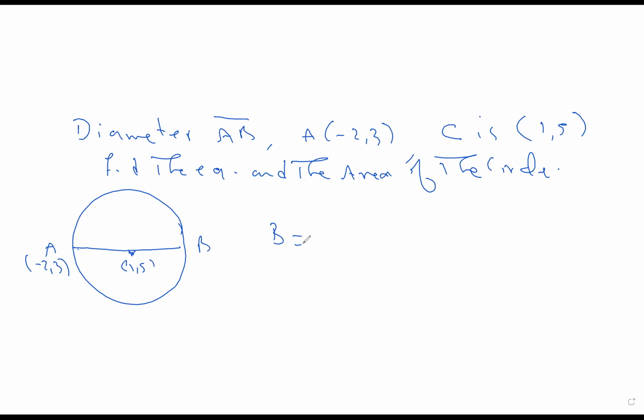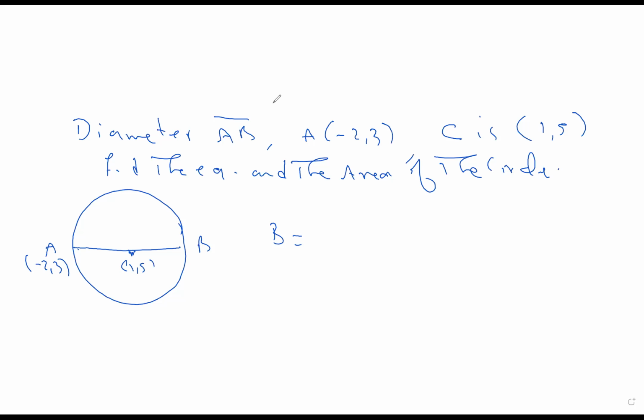Mister, square root of x2? Is it right? No, not right at all. We do negative 2 and 3 plus 1 and 5 over 2. No. Don't solve without permission.